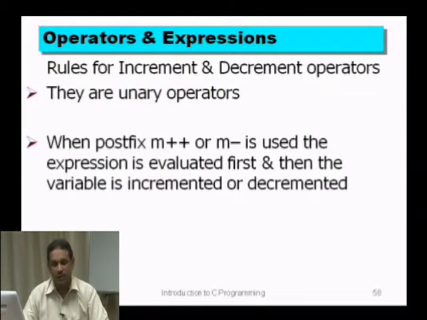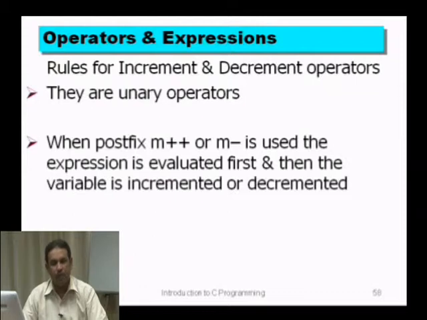Because of that they are called unary operators. So, as I told you, increment or decrement can be postfix or prefix. Here in the first case, when m plus plus or m minus minus is used, the expression is evaluated first and then the variable is incremented or decremented.